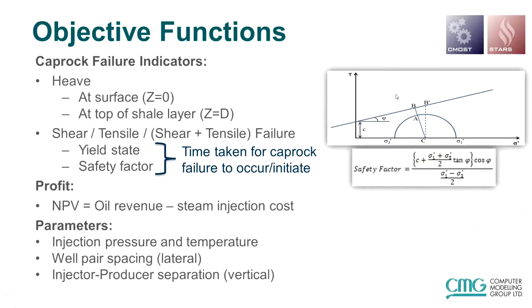Safety factor is shown on the right-hand side, and we can discuss it more outside this webinar. Then we also have another objective function for the profit, and profit was measured by subtracting the steam injection cost from the oil revenue. The different parameters that we altered were injection pressure and temperature, well pair spacing in the lateral direction, and the injector-producer separation in the vertical direction.